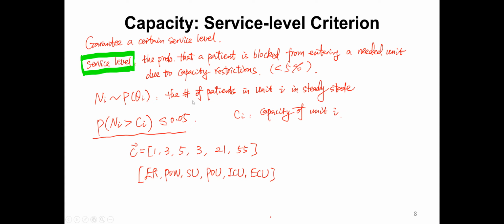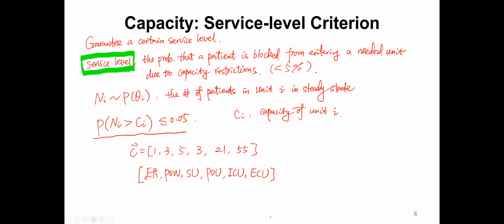We know the number of patients in unit I in steady state is approximately a Poisson random variable with theta_I. This is the distribution. So let's calculate the probability that N_I is greater than the capacity. We want it to be less than 0.05, so that the probability of blocking a patient is less than 5%. Based on this calculation, since we know the distribution, we want to find the capacity that guarantees the blocking rate is less than 5%.